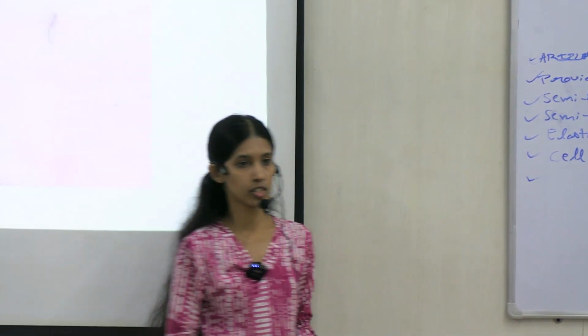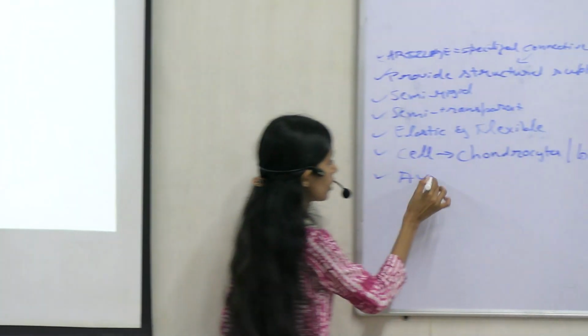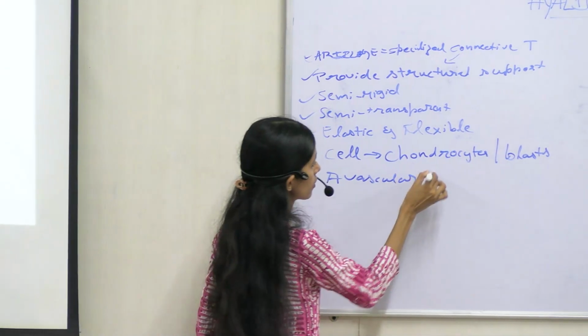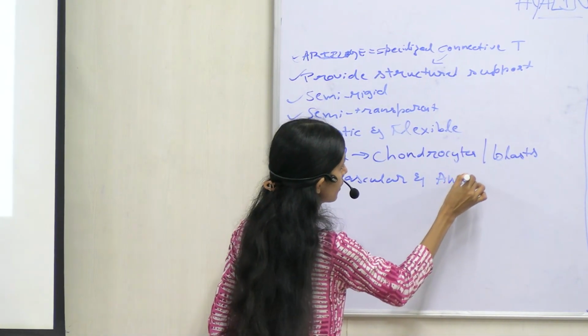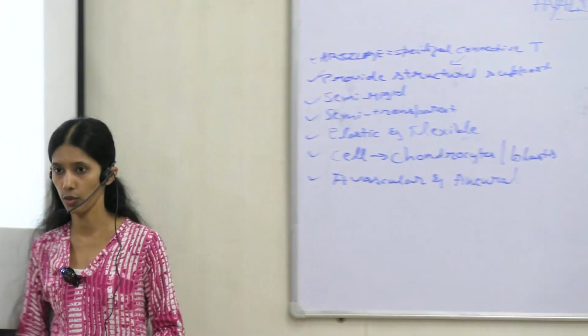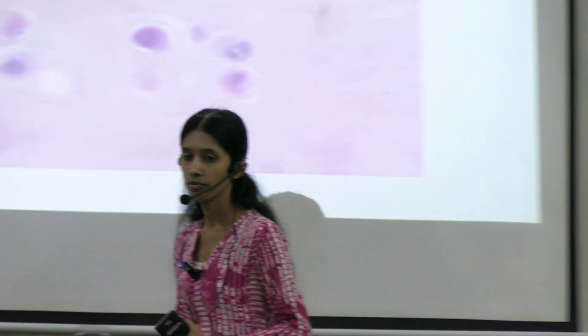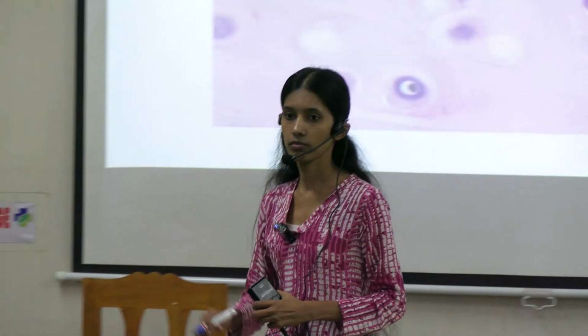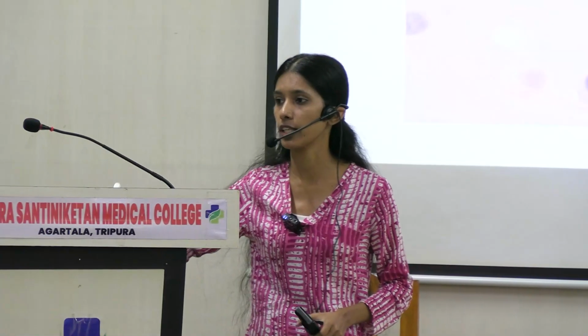Your cartilage is mainly avascular and aneural in nature. So what do you mean by avascular and aneural? Avascular means there is no blood supply. What do you mean by aneural? Absence of nerve fibers or nerves, that is called aneural.